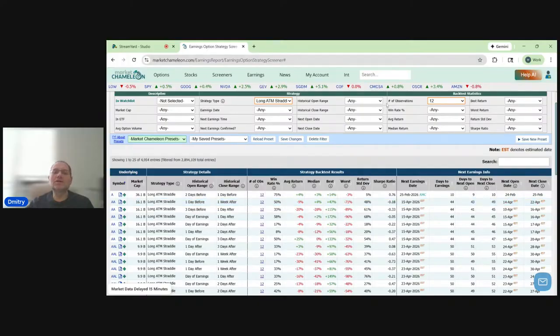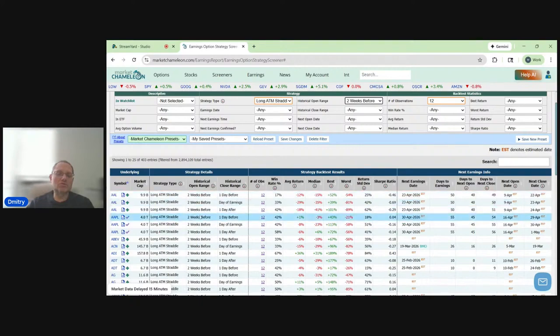So we're going to take this and say, well, we're going to do our start date 2 weeks before. Okay, so you can see here now we have all these 2 weeks before. That's the start date. So let's say you put the straddle on end of day 2 weeks before earnings. And let's say that same straddle, you wanted to end that strategy the day before earnings.